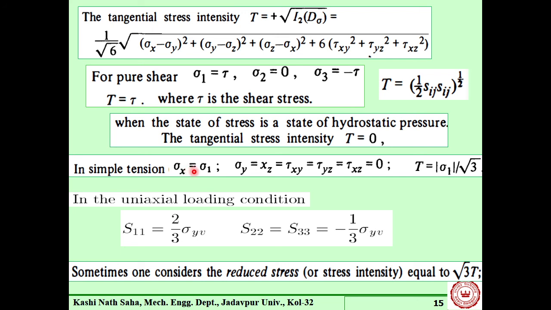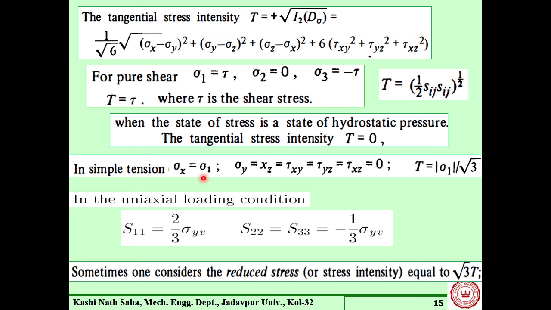In that case, what is our deviatoric state of stress? What is P, the hydrostatic stress?